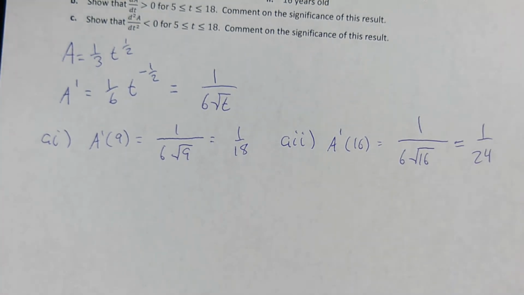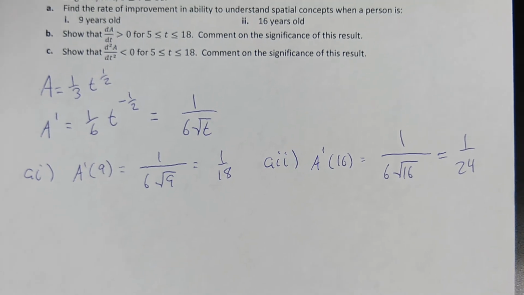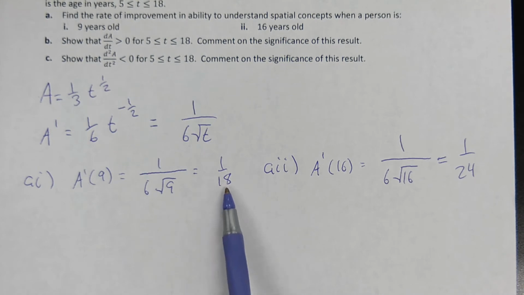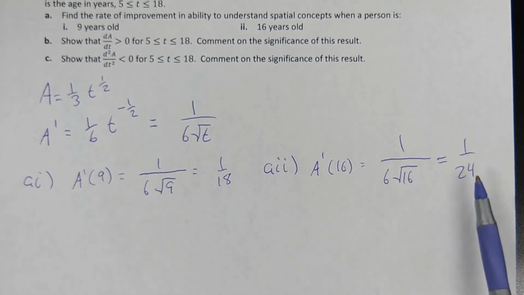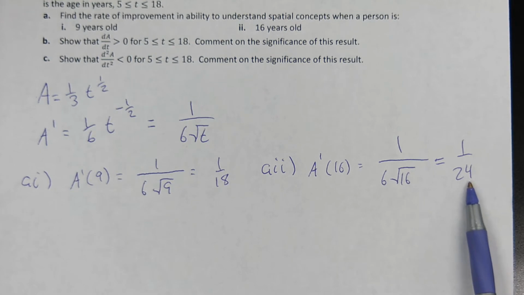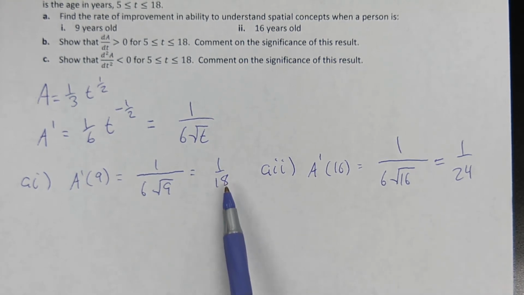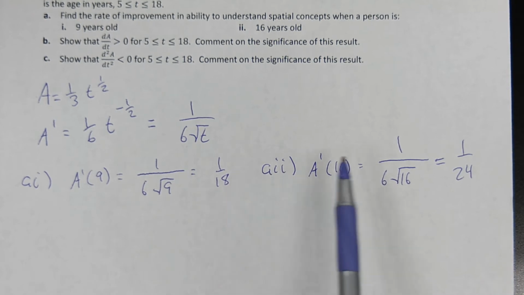So before we even move on to part B, let's talk about what this is showing us. The number 1/18 is considerably larger than the number 1/24. So what is that hinting at? Well, what it's hinting at is that the rate at which you can improve your ability to understand spatial concepts is slowing down.